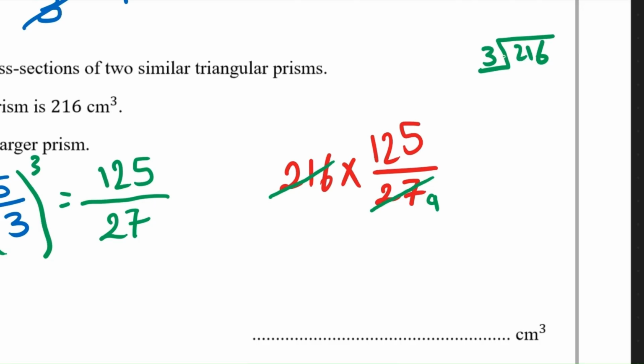So 21 divided by 3 is 7, 6 divided by 3 is 2, so here it's 72, and 72 can still be divided by 9.